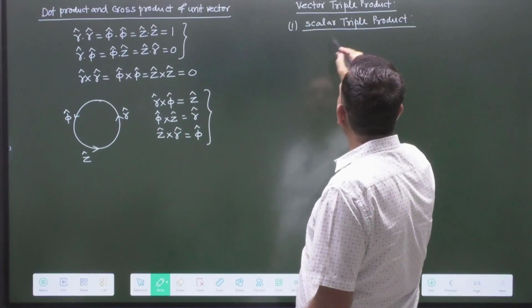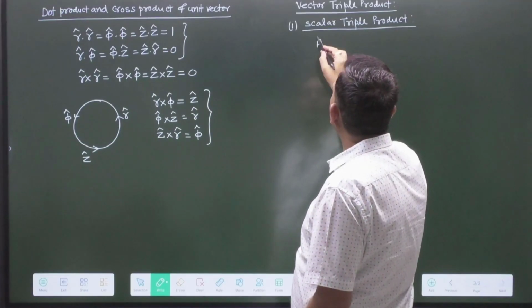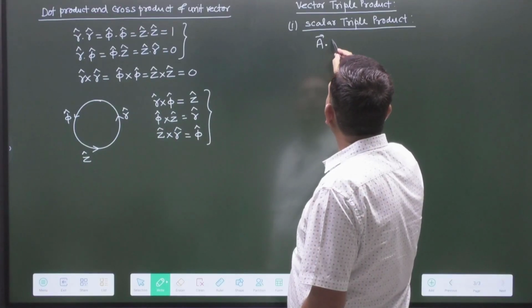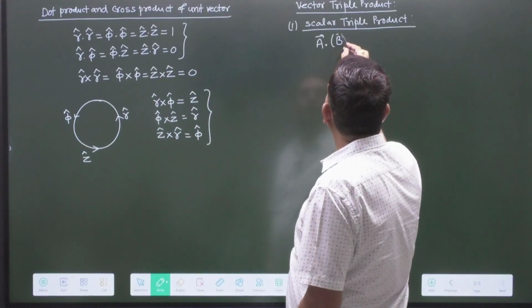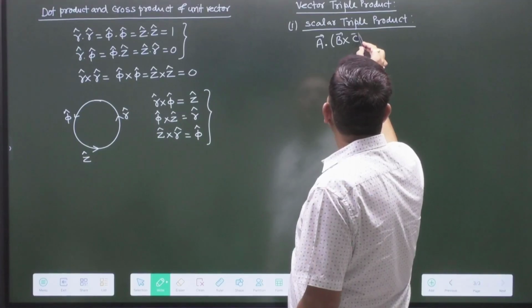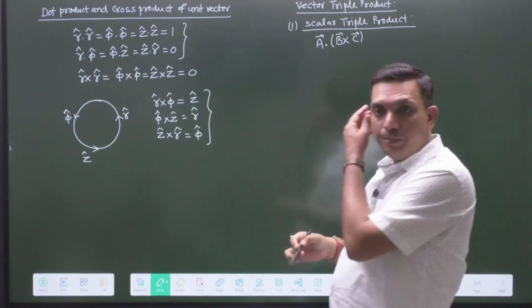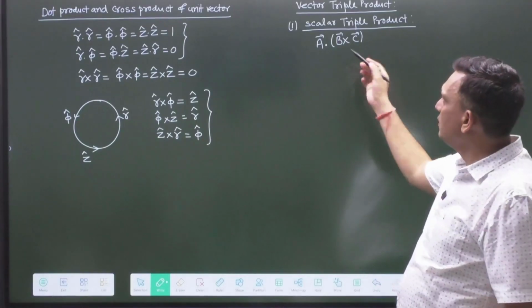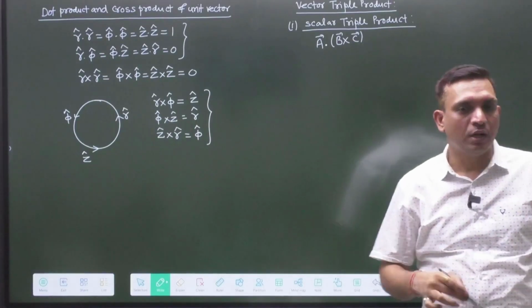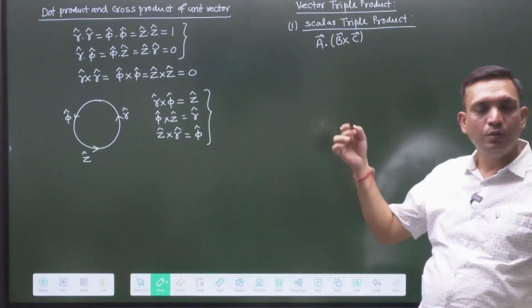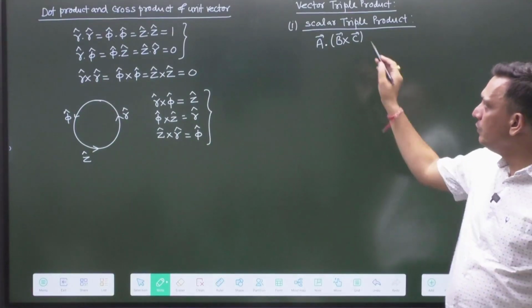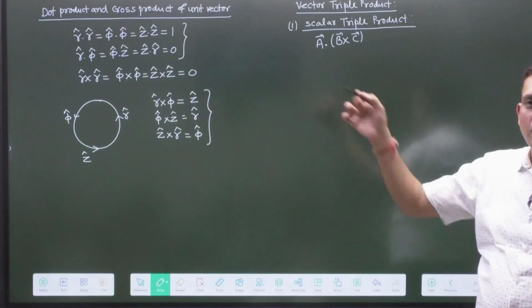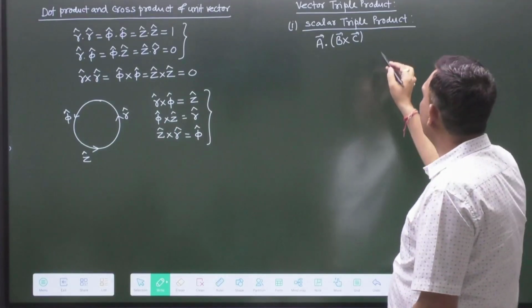If you have three vectors, you know that a cross product is a vector. Let's say B and C are two vectors. If you take the cross product, that will be a vector. So you can again take a dot product with that vector. That will give you the scalar triple product. And if you take the cross product, that will give you the vector triple product. So you must remember this.